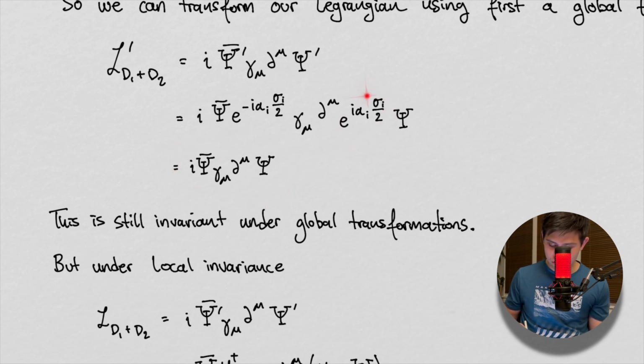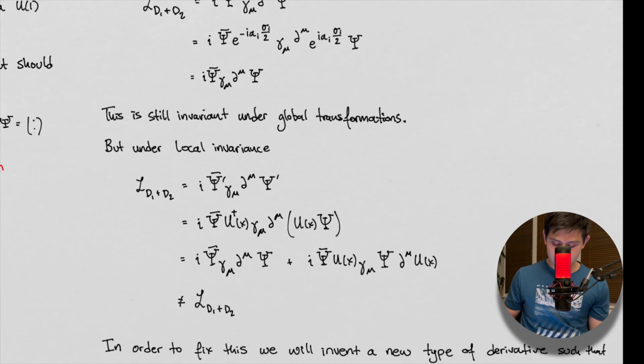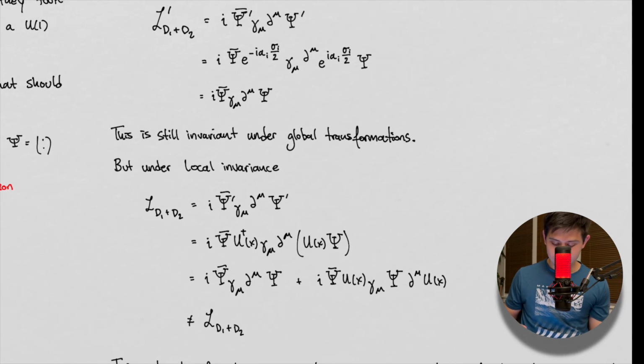Because since this is not a function of space-time, this can move across the derivative and things will cancel. So we get this, and this is the same as this, right? The unprimed form takes the same form as the primed form. So that means that this is invariant under global transformations.